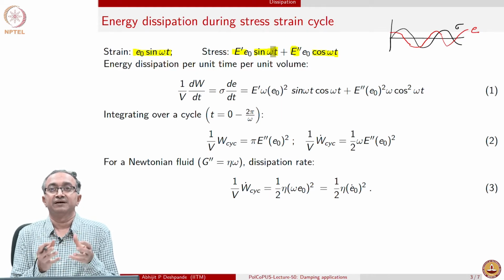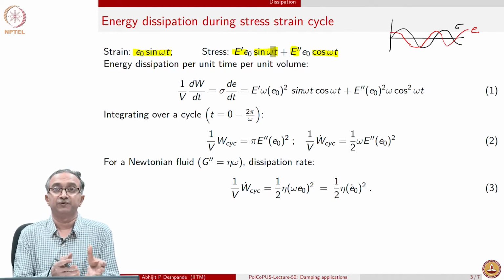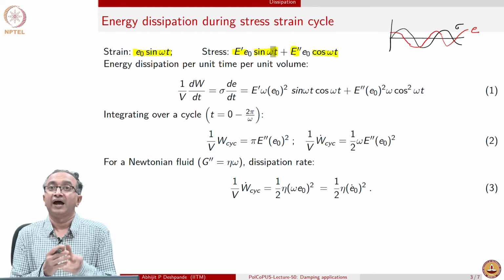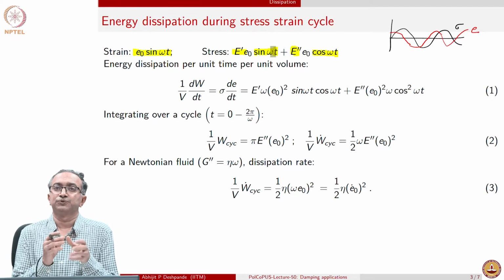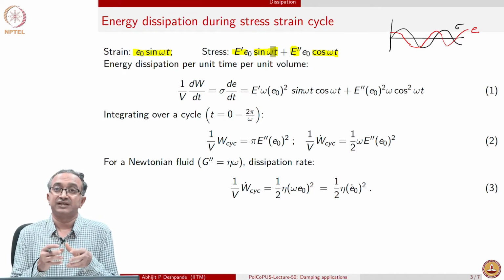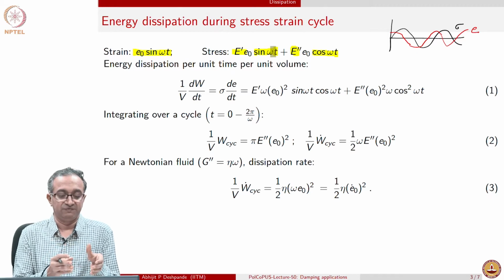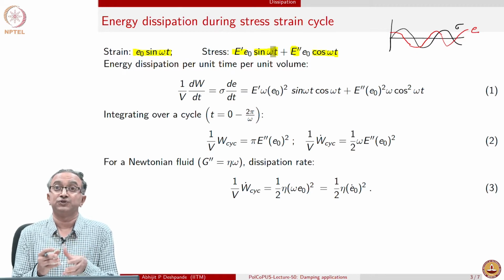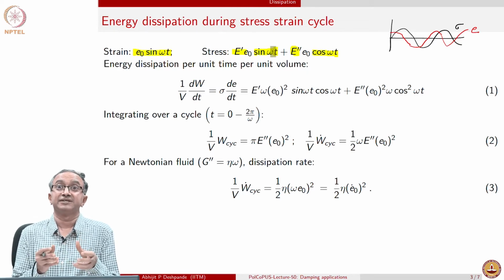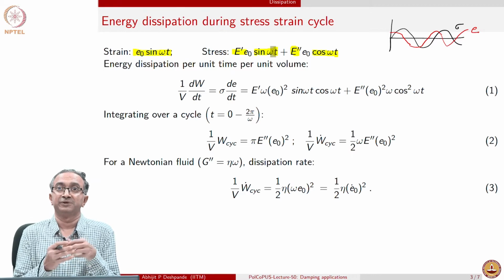So, basically what we have, instead of force into distance per time, is stress into strain rate, and I leave it to you to do small units rationalization and see that when we talk about stress into strain rate, we are talking about energy per unit volume per unit time. So, basically we are saying power per unit volume. Remember, power is energy per unit time.